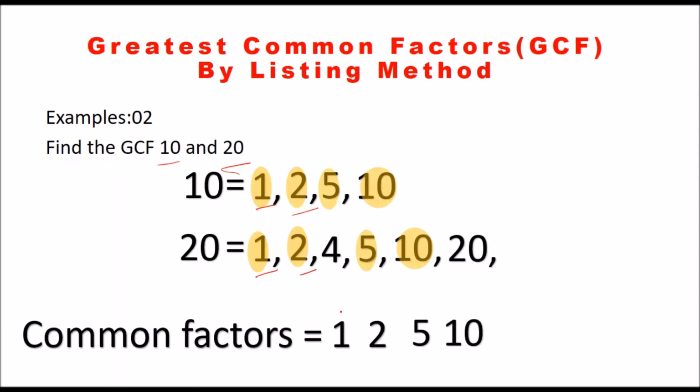Which number is the greatest one between these factors? The greatest one is 10. So the greatest common factor is 10.